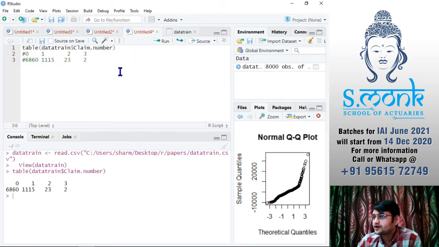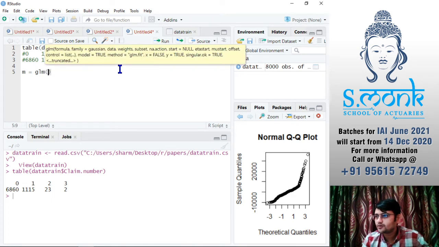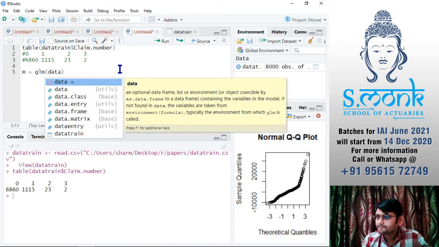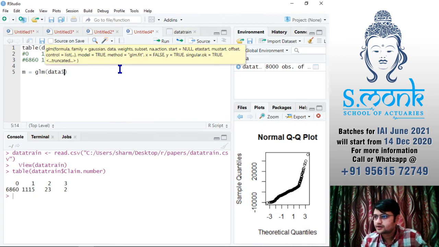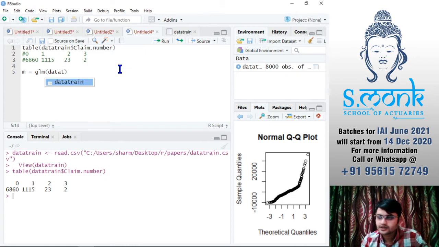Again, I prefer writing my formula. I'll say M is my model, and GLM. First I'll have to talk about the formula, so I'll say data train dollar.